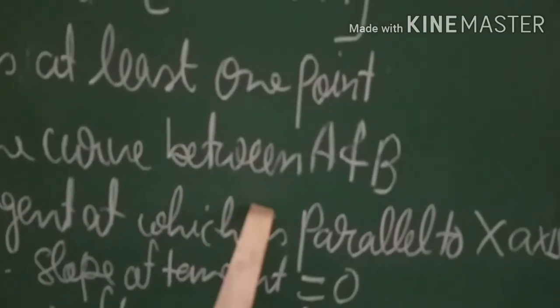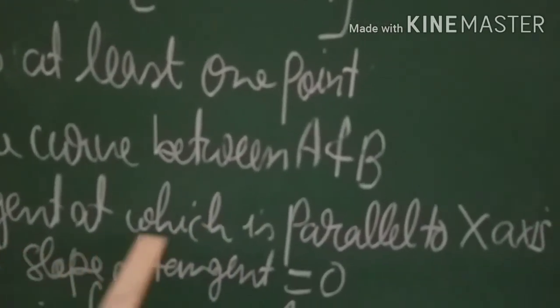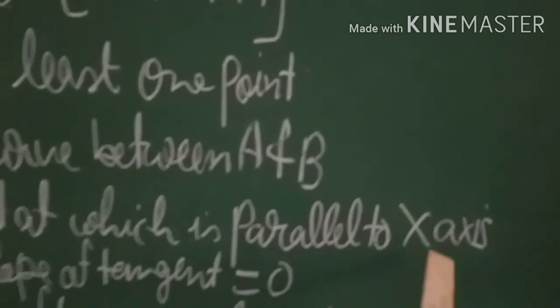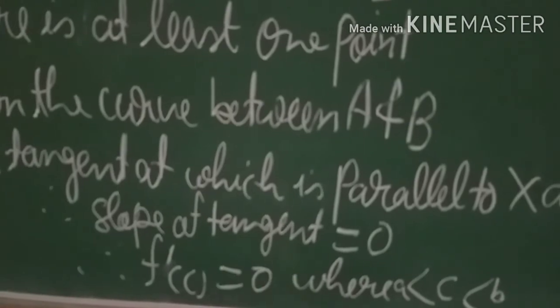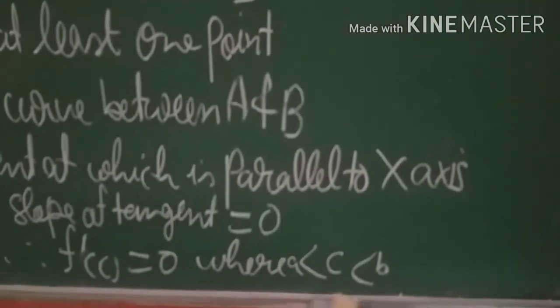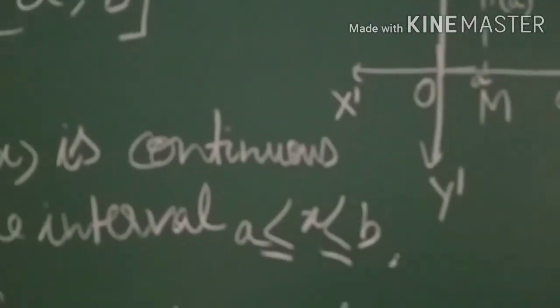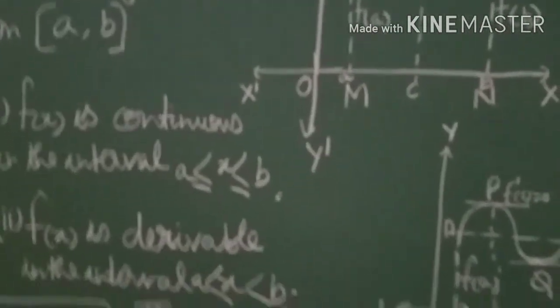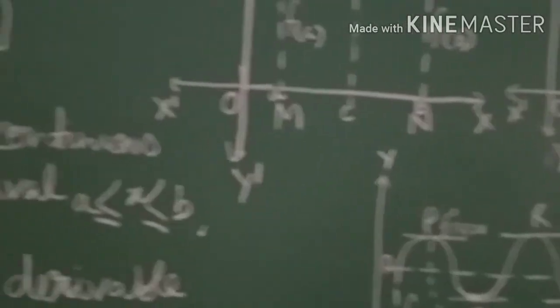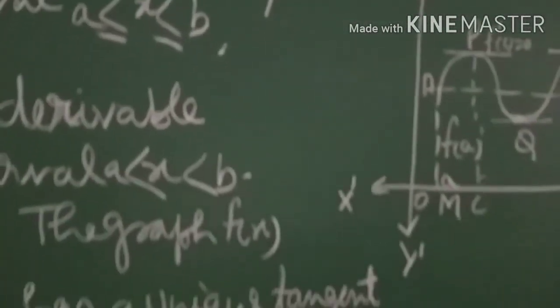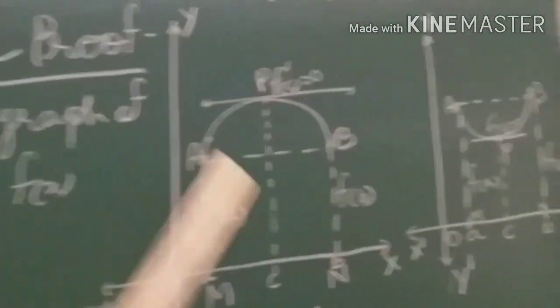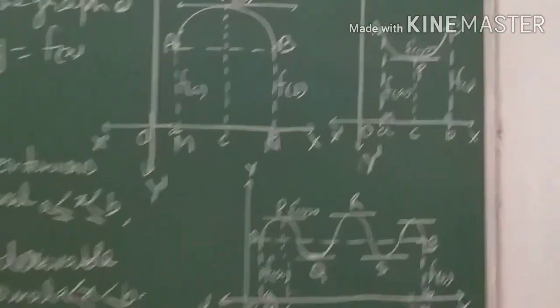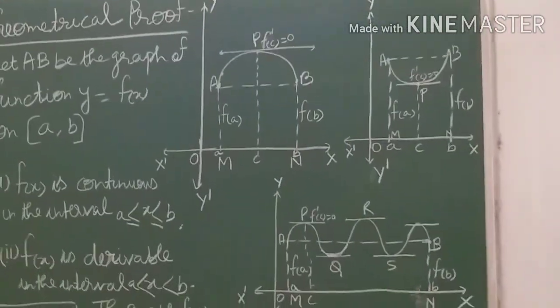So at point P, students, the tangent is parallel to the x-axis and the slope of the tangent equals 0, f dash c equals 0, where c lies between A and B. So all conditions of Rolle's theorem are satisfied here, and you can see point 1, point 2, point 3 are all satisfied in the geometrical proof. Okay, students? Okay then, students, have a nice day.